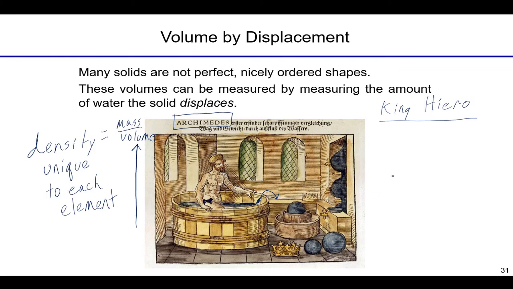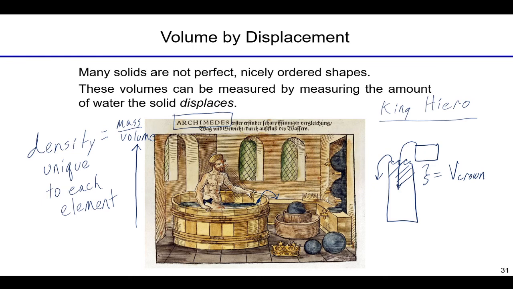And what he figured out was that as you put something down into a level of water, much like the bath, you could take this crown and put it down in here. The water level will rise, and eventually some might spill over the edges. The amount of water that is displaced, or moved, is equal to the volume of, in this case, the crown.